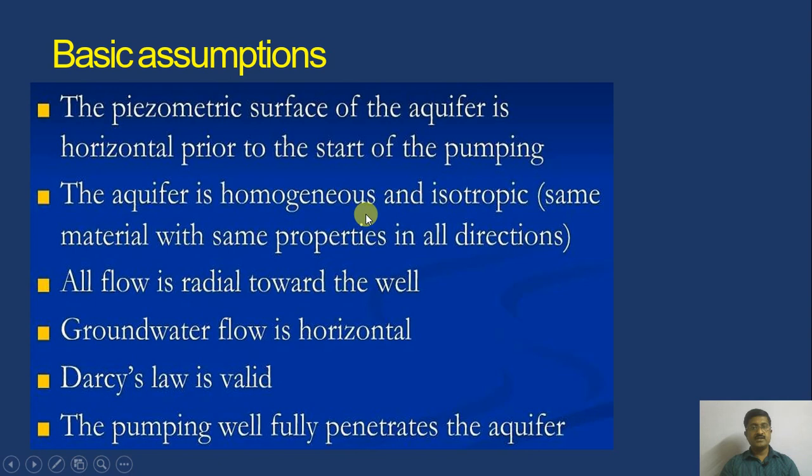The aquifer is homogeneous and isotropic, the same material with the same properties in all directions. All flow is radial towards the well. Groundwater flow is horizontal. Darcy's law is valid. The pumping well fully penetrates the aquifer.